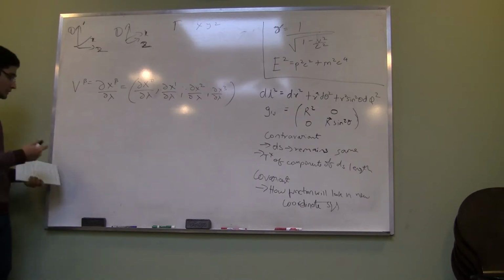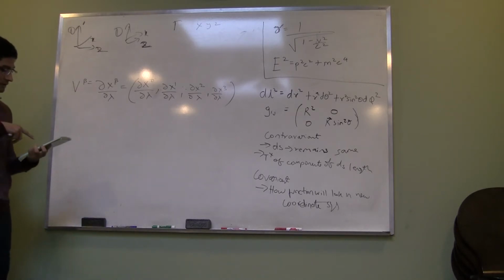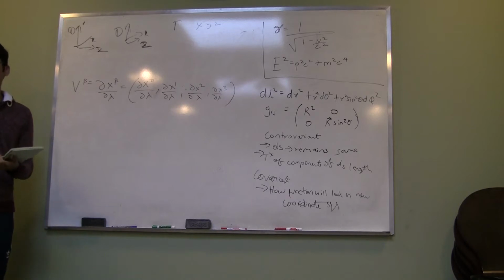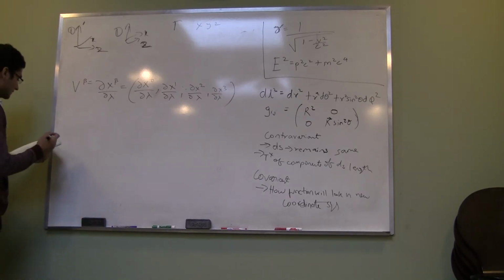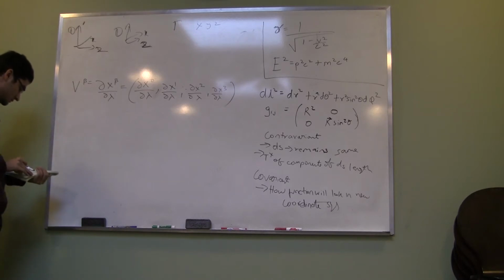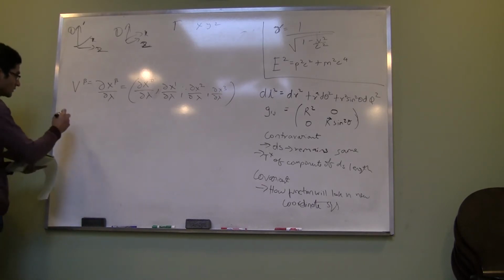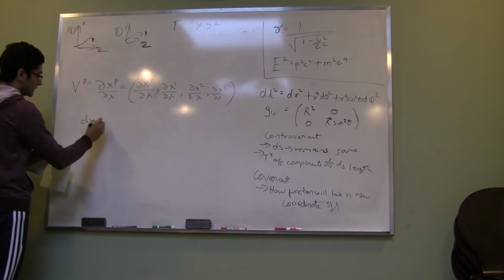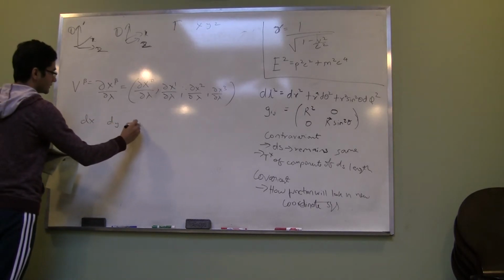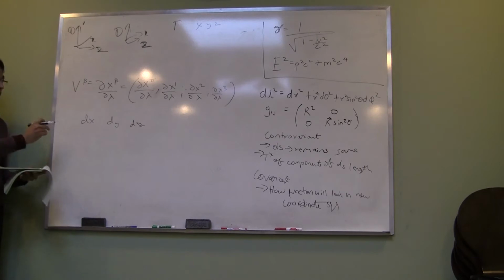So they said let's take an example of velocity for contravariant. What they meant, and why they took that example, is something they should have explained. Velocity is okay, because it's dx, dy, dz over dt, basically, like a length.